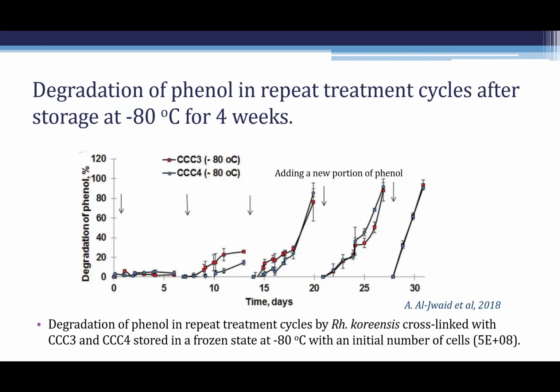Then we were also interested in whether it's possible to store the cells, or the cryogel made from the cells, at -80 degrees. So the cryogels were stored for 4 weeks and then defrosted, and you see from the graph that it takes a little bit longer for the cells to wake up and start to perform in a normal metabolic way, but then they started degrading phenols after 15 days.